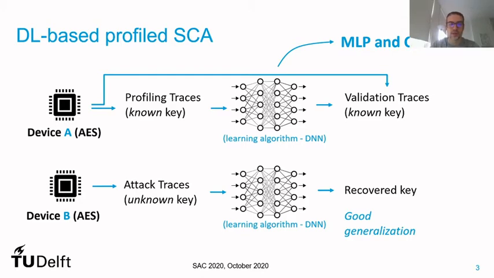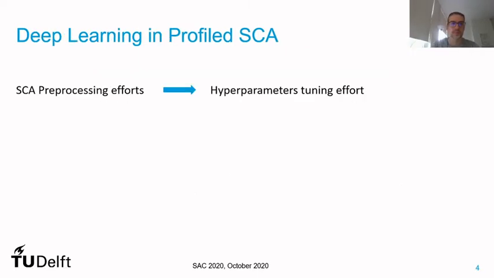Then these attack traces are fed into the neural network and predicted. The output of this network is probabilities indicating if we are correctly recovering the key associated to the attack traces or not. If we are able to recover the key, we say that we have a good generalization in this trained deep neural network.